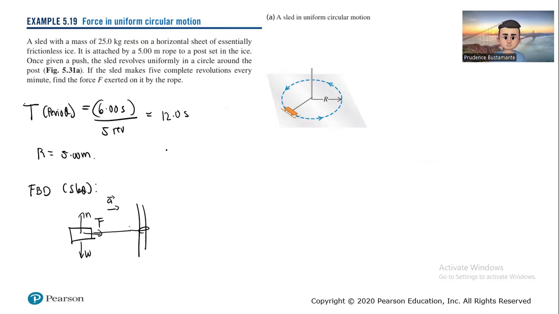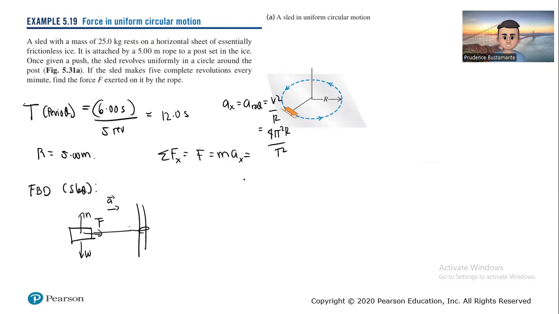Okay, so from Newton's second law, the net force is equal to the mass times the acceleration along X, where the radial acceleration is equal to v squared over R, or equal to 4 pi squared R over T squared.